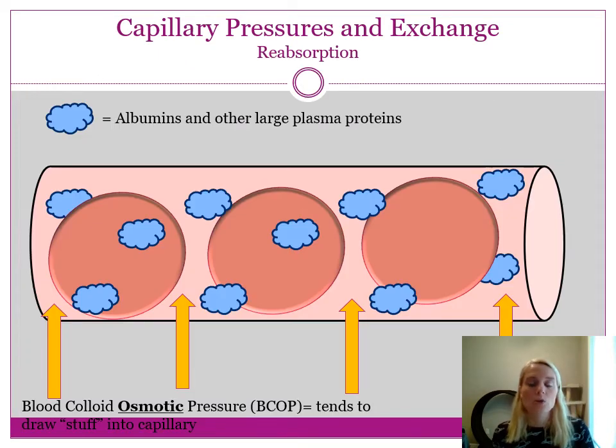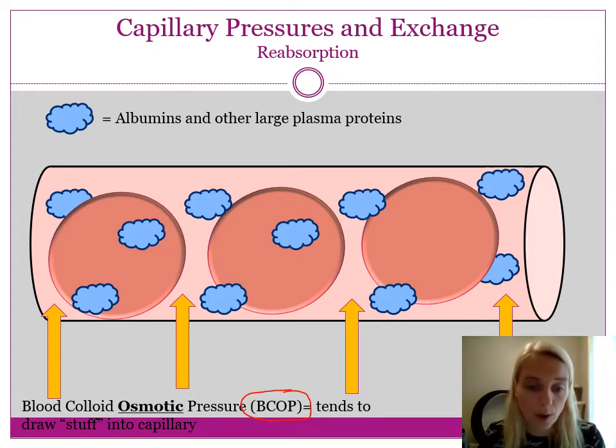Okay. So now we're going to take a look at some of the pressures. We have already identified capillary hydrostatic pressure. The next thing we're going to take a look at is something that we call BCOP, or blood colloid osmotic pressure. So again, my beautiful PowerPoint art here illustrating this idea of blood colloid osmotic pressure.